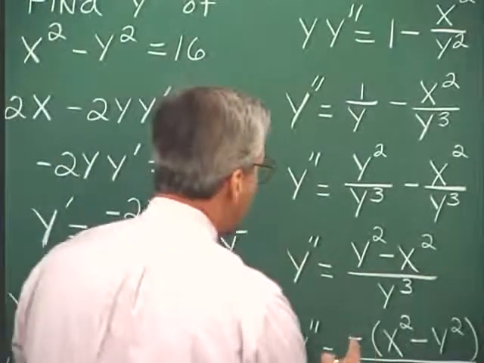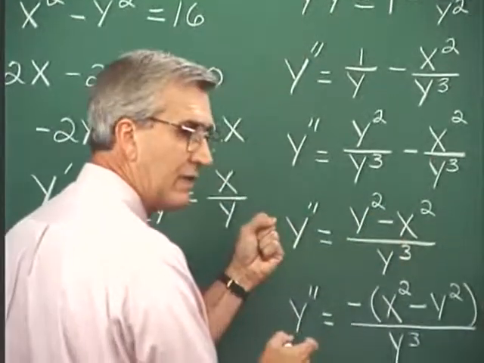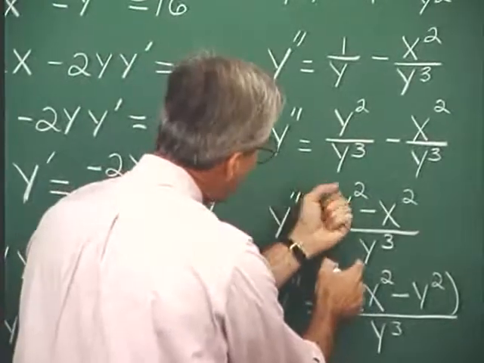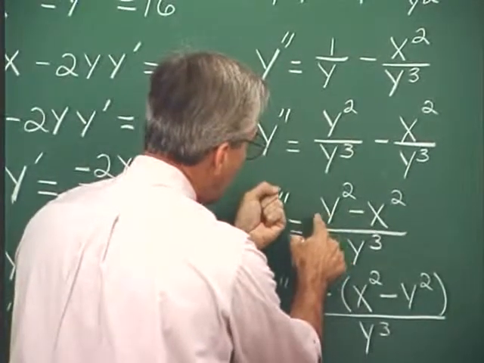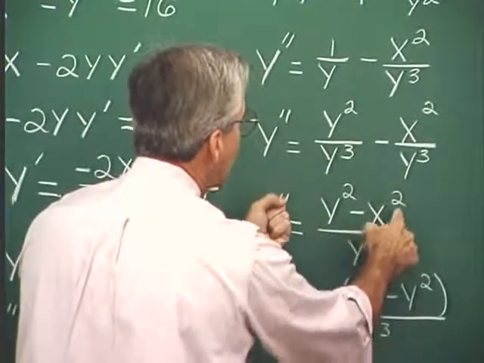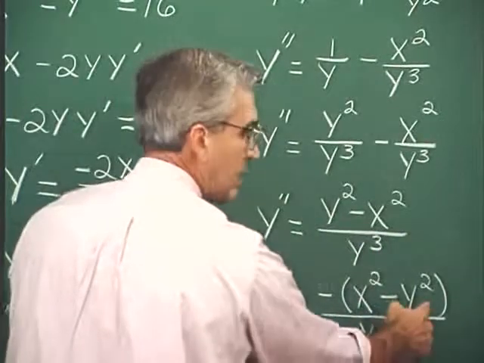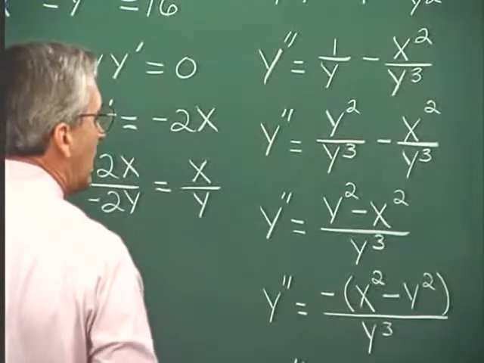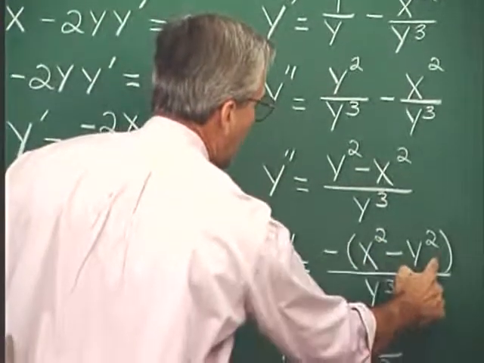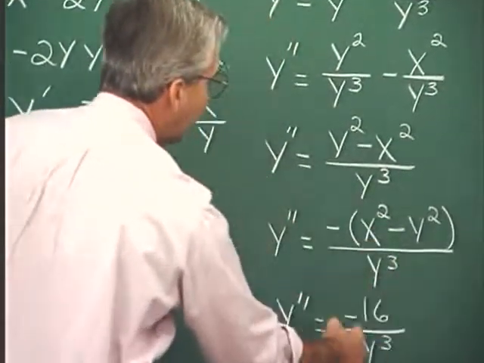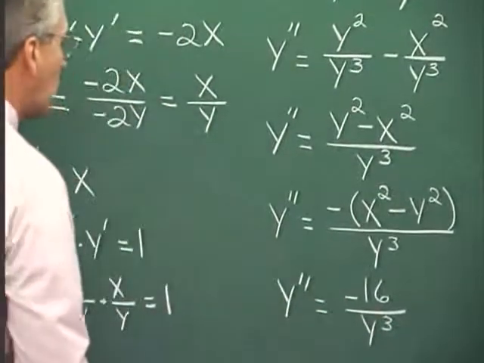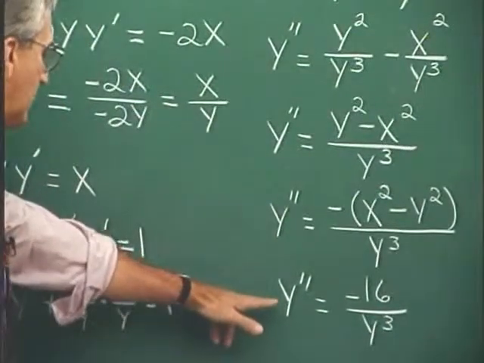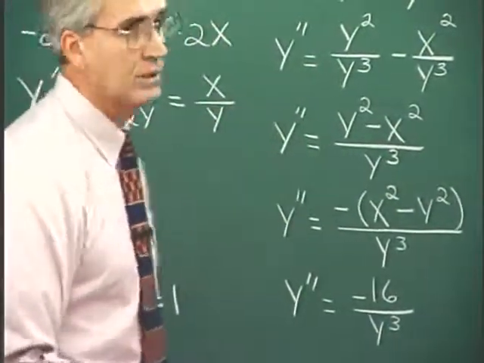And I can do that by forcing the factorization of negative 1. Forcing negative 1 out of these two, this becomes minus y squared plus x squared, or x squared minus y squared. Just flip them around when you factor out the negative 1. All right, and now this x squared minus y squared is 16 from above, and so it's negative 16 over y cubed for the second derivative of this equation.